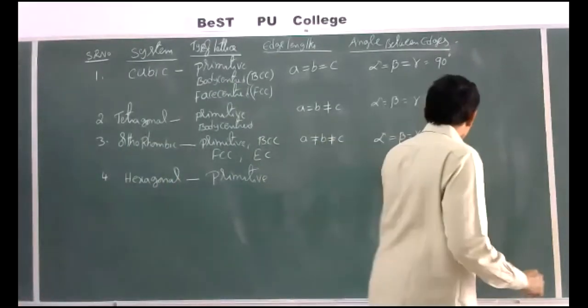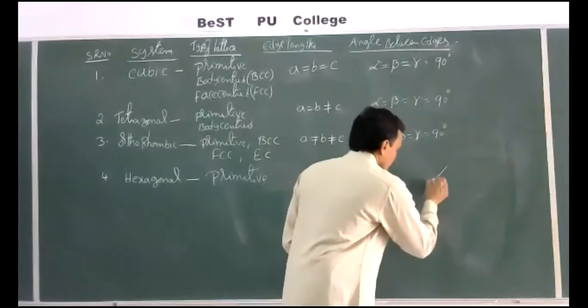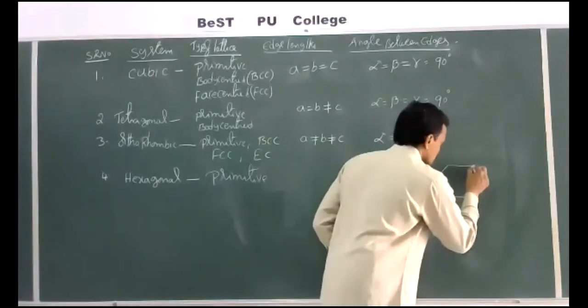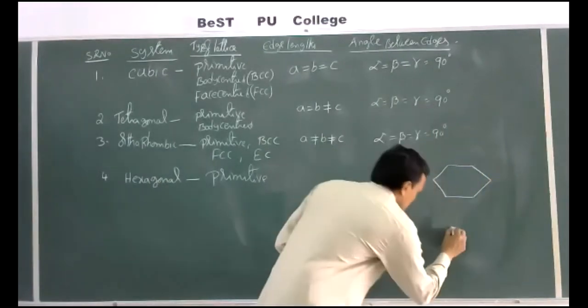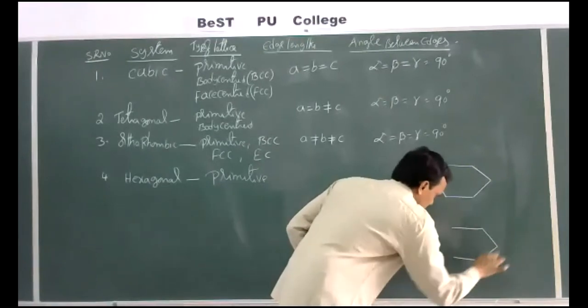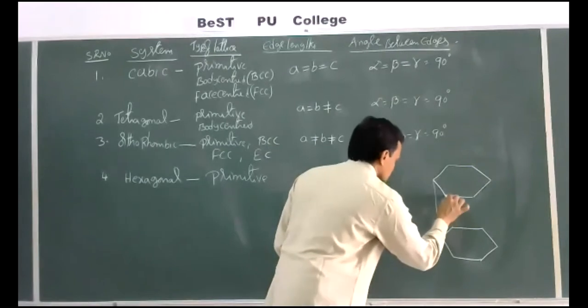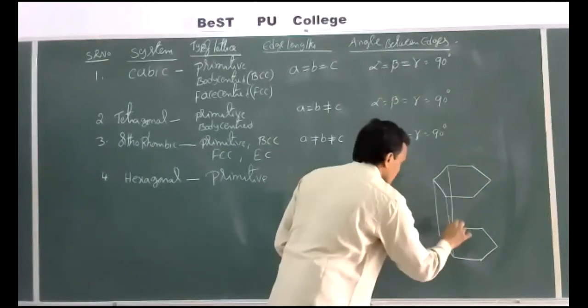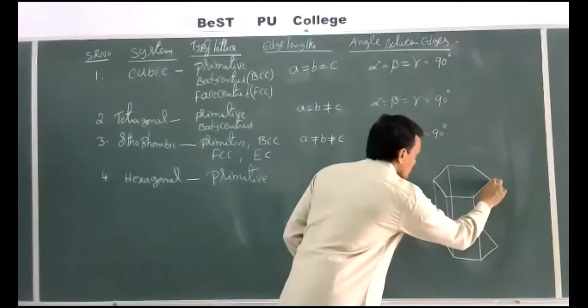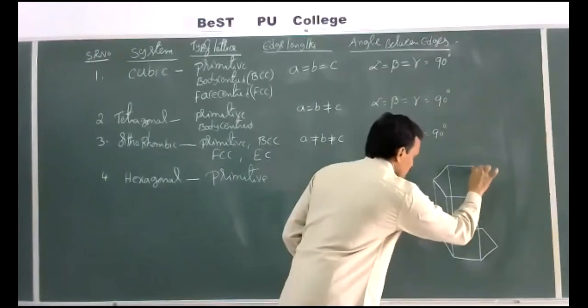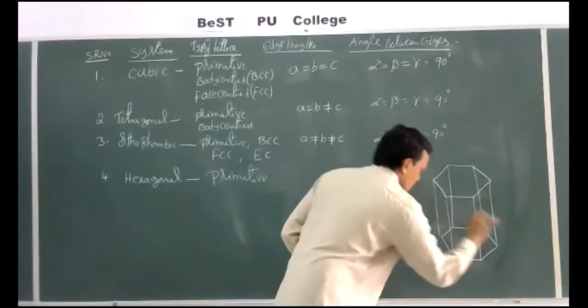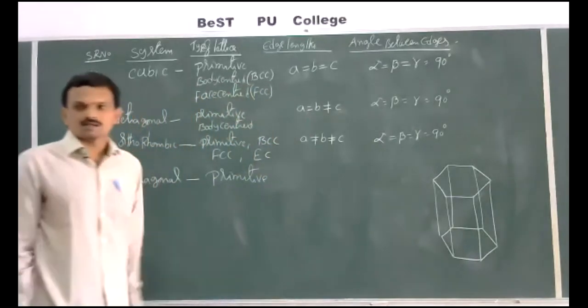I'll show the rough diagram for the hexagonal system. This is one hexagon. This is another hexagon. Just join the lines here. Right, this is the hexagonal system.